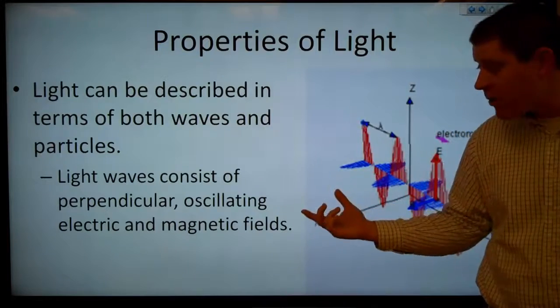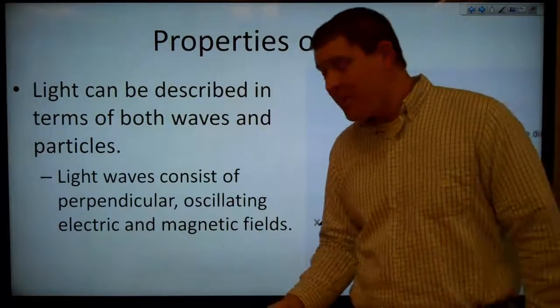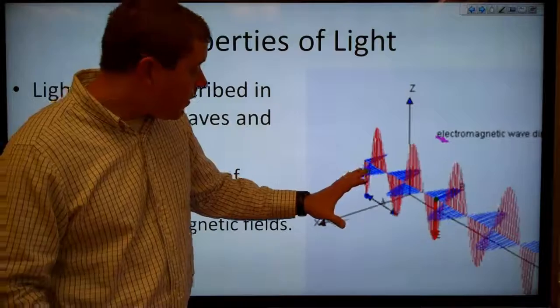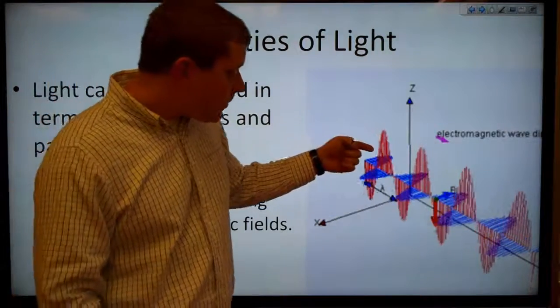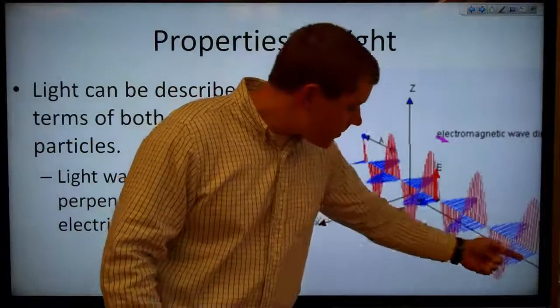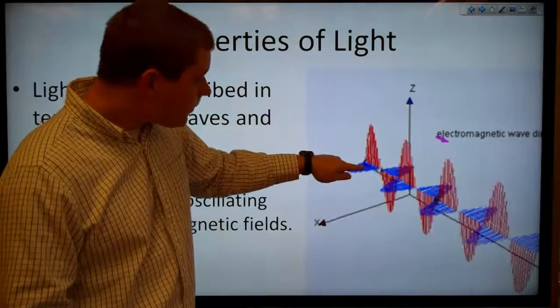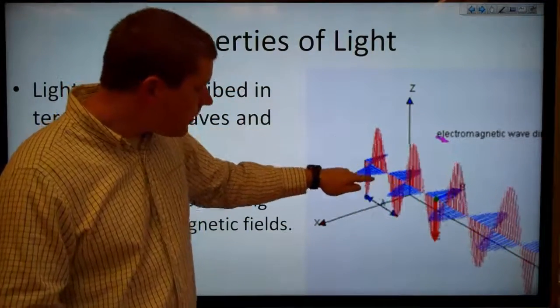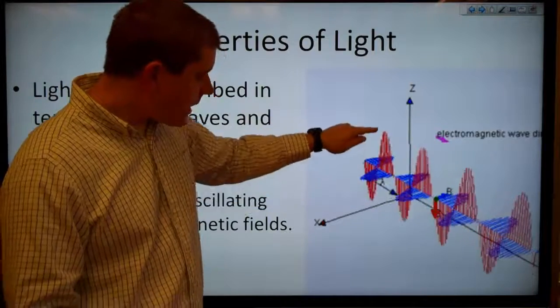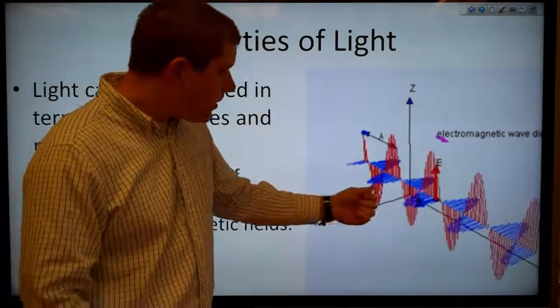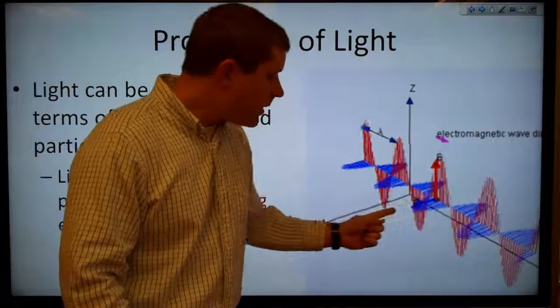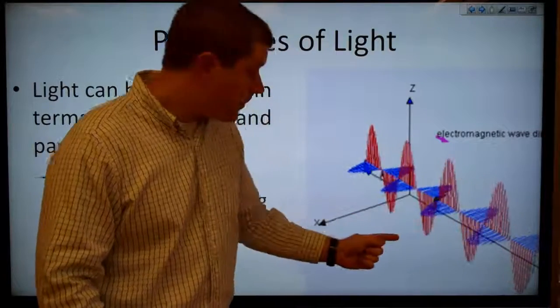Light waves consist of perpendicular oscillating electric and magnetic fields that you see over here. So as the electric field is oscillating in this direction along this axis, we see that the electric field is alternating up and down as the magnetic field is alternating left and right.